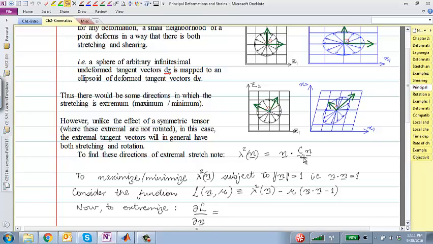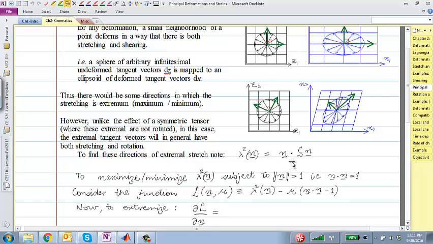If I were to ask you to try to maximize this function, how would you do this? First of all, is this a scalar or a vector or a tensor? Scalar, right? A tensor acting on a vector is a vector, dotted with a vector is a scalar, which is the square of the stretch in the n direction at a point.